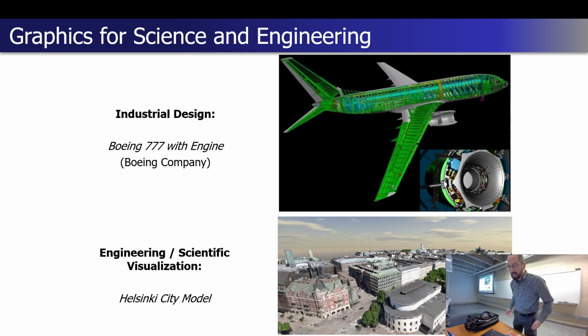And then just this example of a Helsinki city model, where you could consider this maybe some sort of visualization. You could overlay it with other things as well. This is an example that has just a lot of mesh data, many gigabytes of mesh data just for that particular scene of a city. So we sometimes tend to think of graphics as being pushed more by the entertainment side, but it's really not exclusively so.